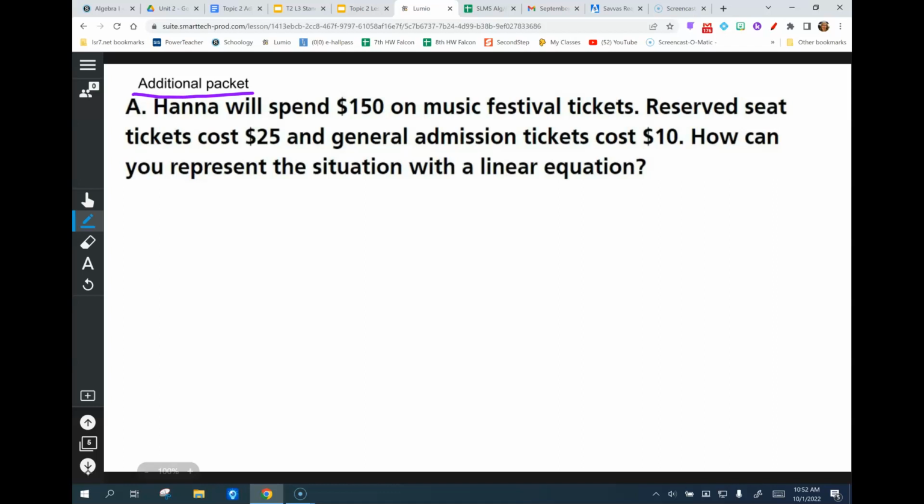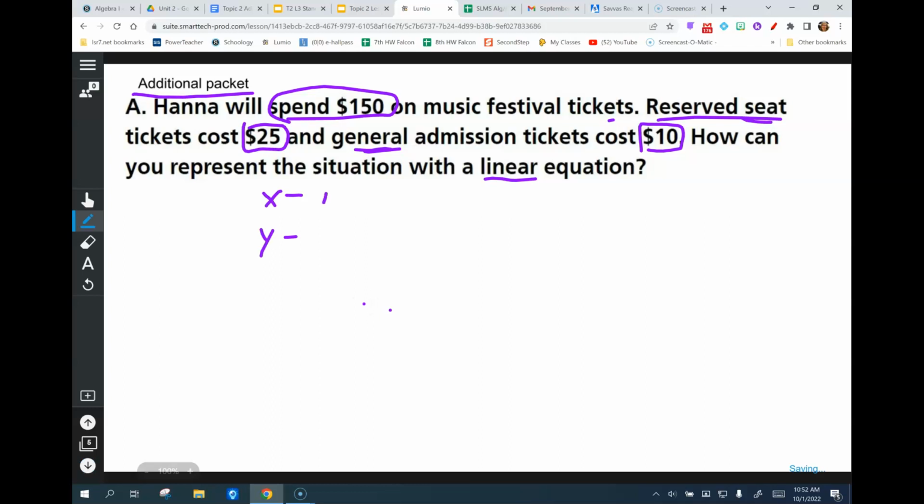So Hannah wants to spend $150 on the music festival tickets. So that's going to be her total. Reserved seats cost $25. General seats cost $10. How can you represent this with a linear equation? Well, in a linear equation, I can have two variables, an x and a y.